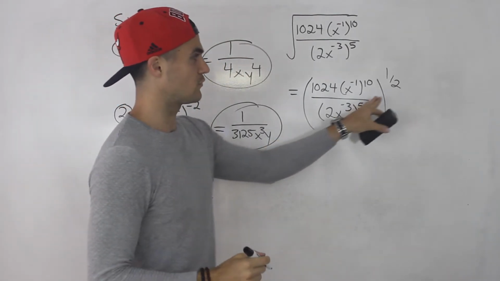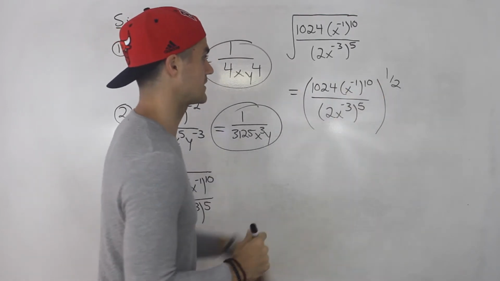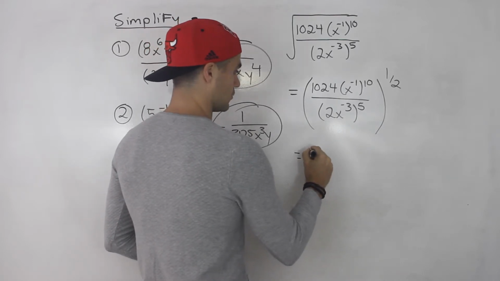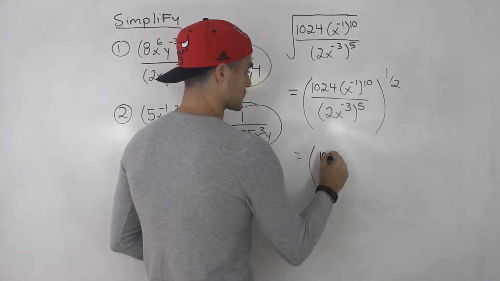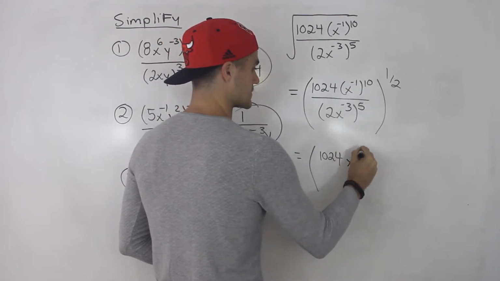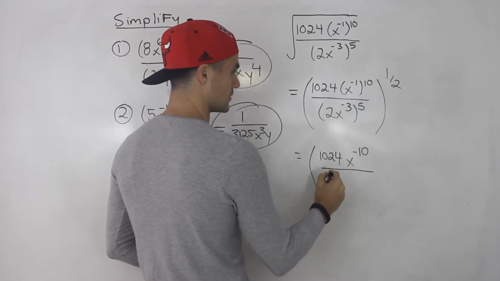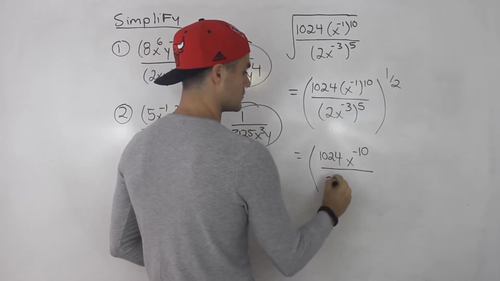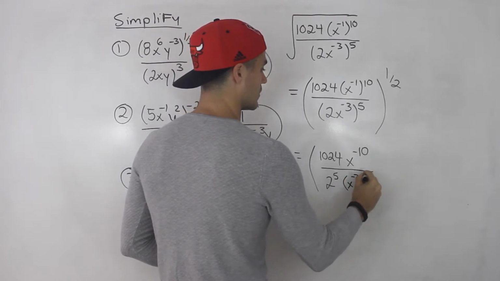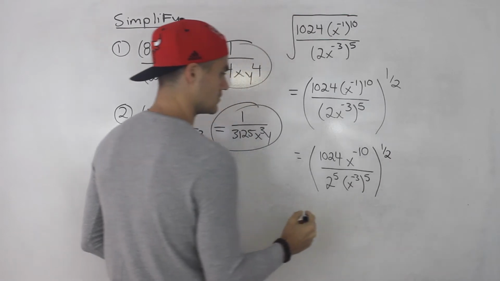And then what I like to do before dealing with this exponent on the outside, I like to simplify what's on the inside if possible. So what will we have here? We'll have 1,024, negative 1 times 10, that gives us negative 10, all over this 5 I'm going to distribute in the bracket. So we'll have 2 to the power of 5, and we'll have x to the negative 3 to the power of 5, and this will be all to the power of 1 over 2.